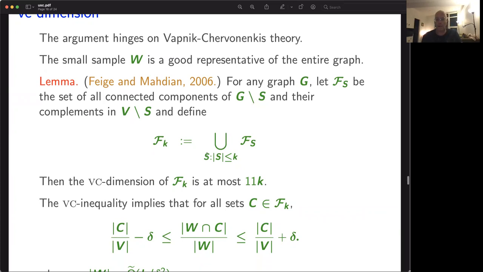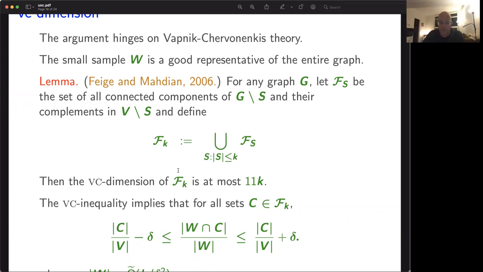you can define a class of sets of vertices that one can obtain by removing a subset of size k and looking at the connected components. These will be the sets in this class. So we have a class of sets of vertices that can be obtained like this, removing a set of size at most k and looking at the connected components.